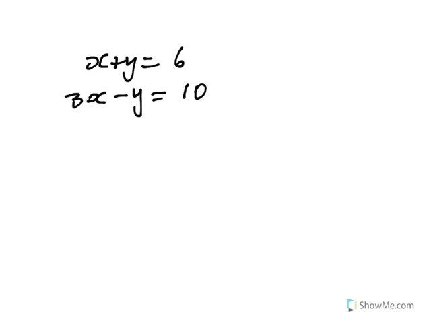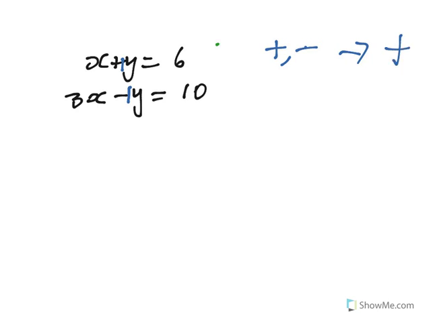So in one example, we've got equations x plus y equals 6 and 3x minus y equals 10. So that's a 1y, that's a minus 1y, and because we've got a plus and a minus, that means that we're going to add.